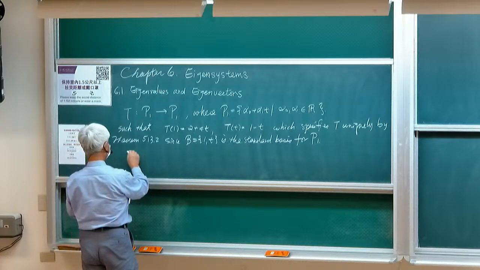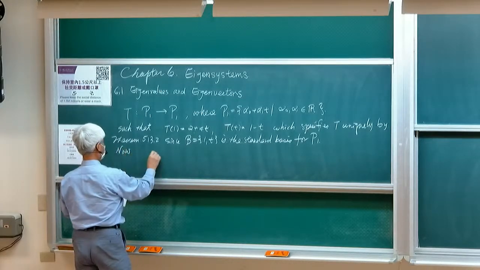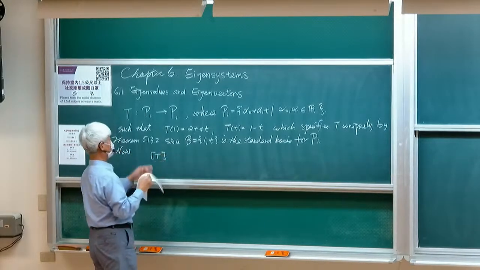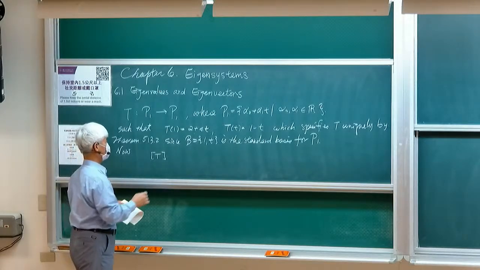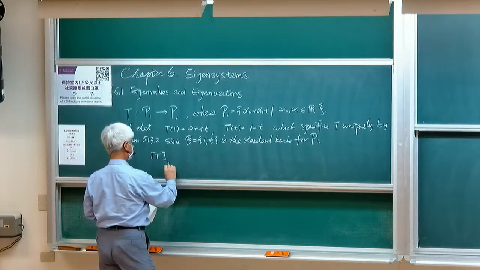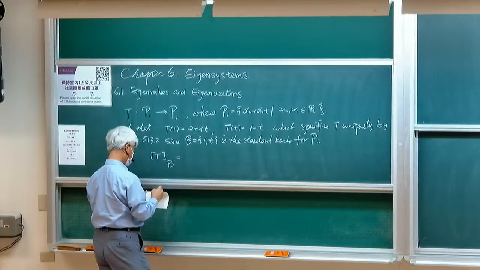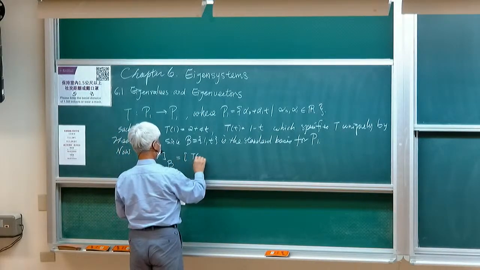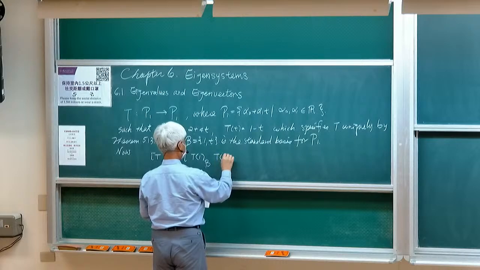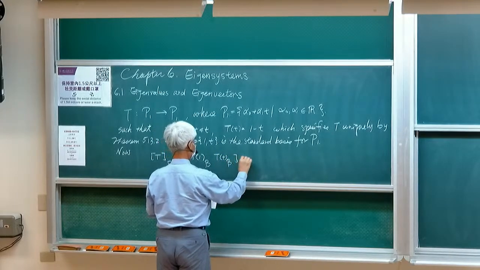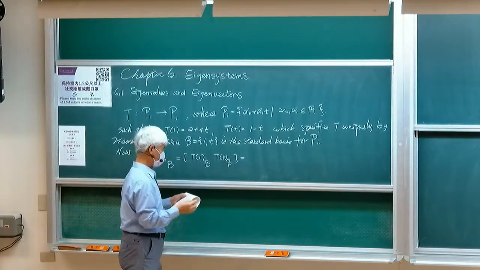Okay, so now the matrix representation of this linear operator relative to the basis B would be T(1), T(t).